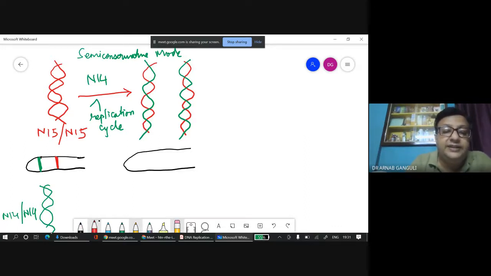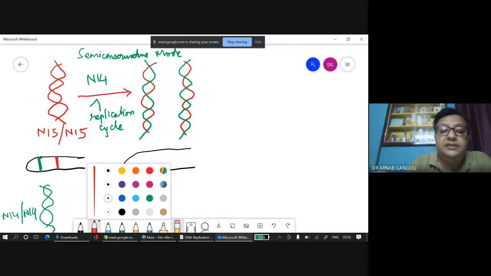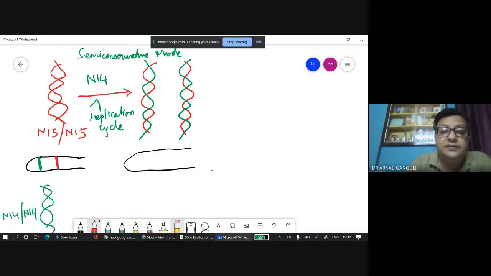Instead of that, they found a central band. They did not find this band and this band is not seen, but a band was in the center.